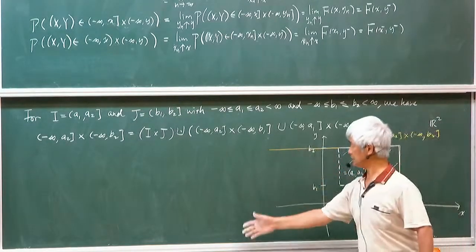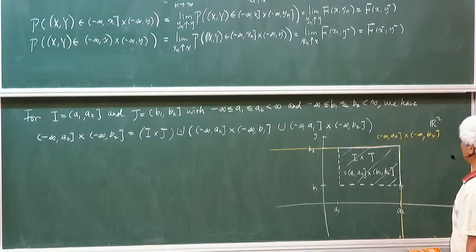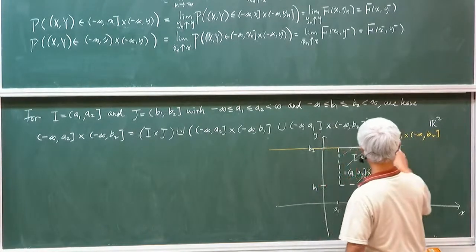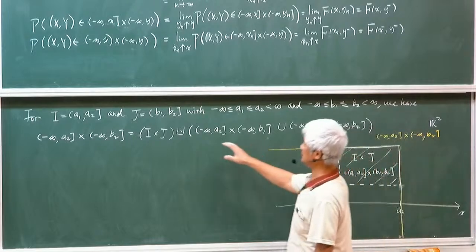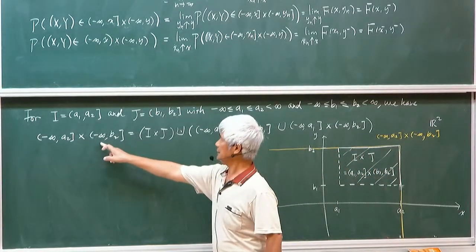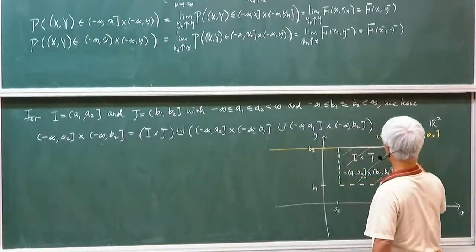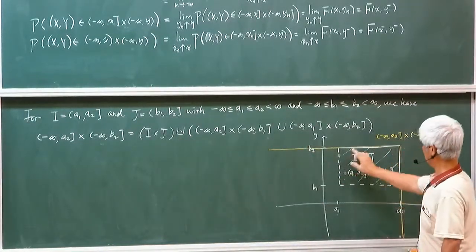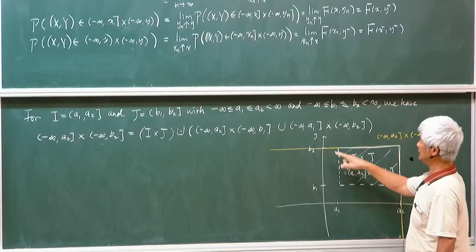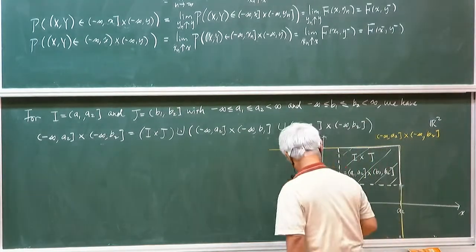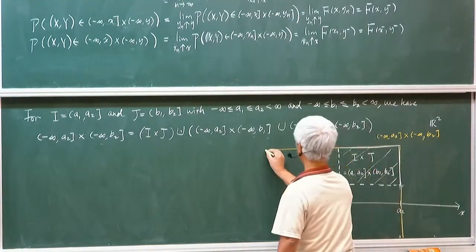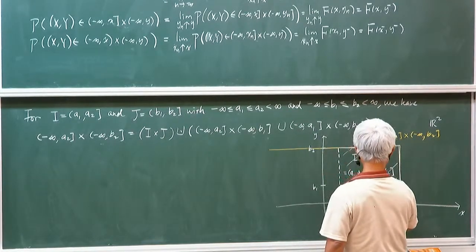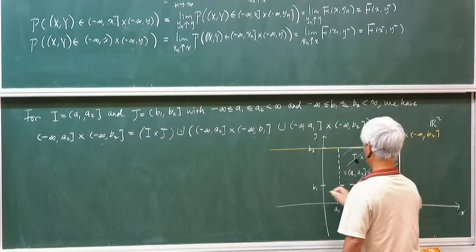So this region is a very big region. And the yellow region here is the disjoint union of the rectangle here and the union of these two. So what is the union of these two?